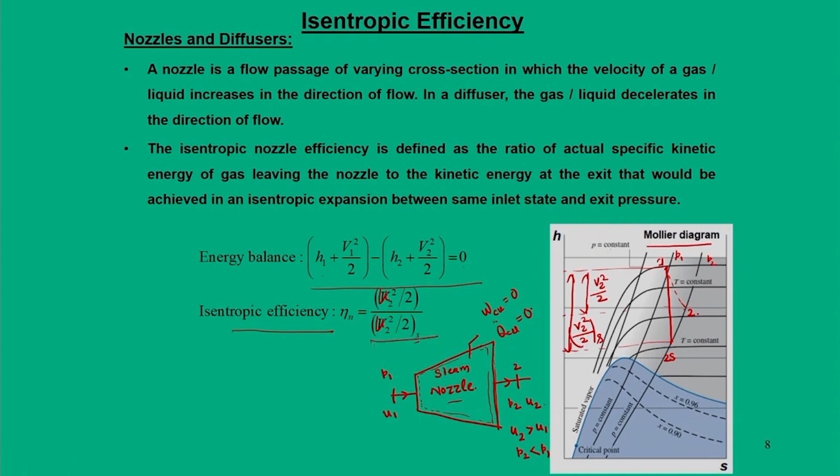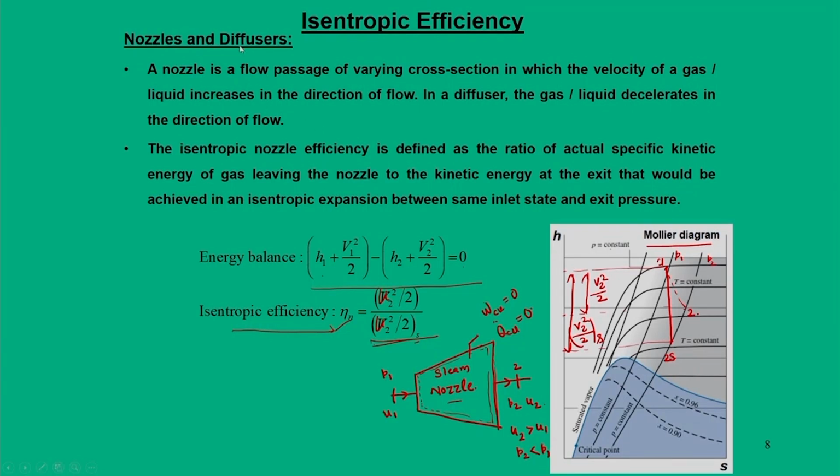Based on this we define the term isentropic efficiency. The isentropic efficiency of the nozzle is defined as the ratio of the actual specific kinetic energy of the gas leaving the nozzle to the kinetic energy at the exit that would be achieved in an isentropic expansion.